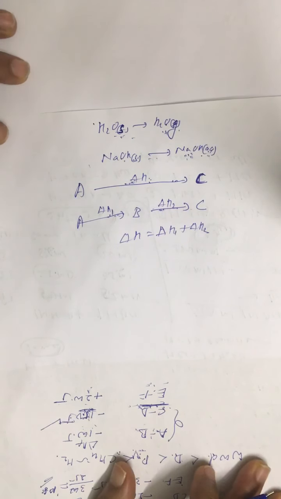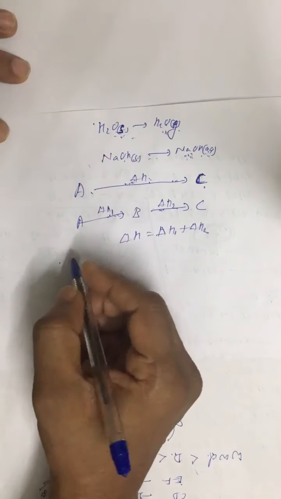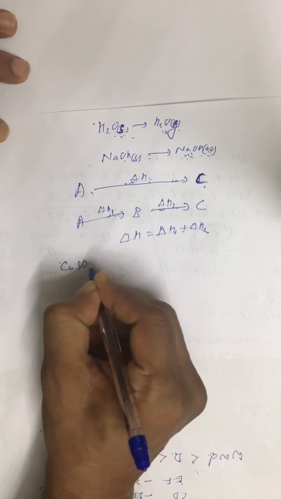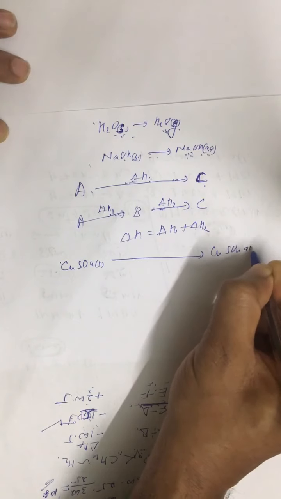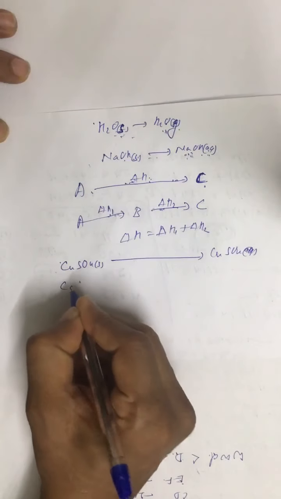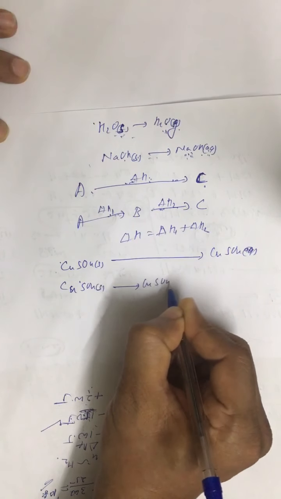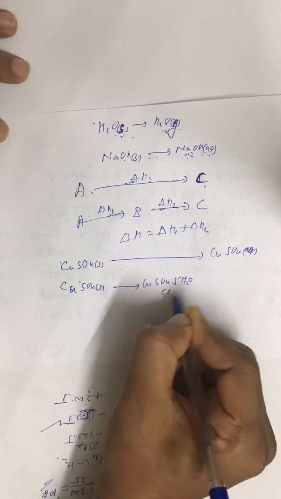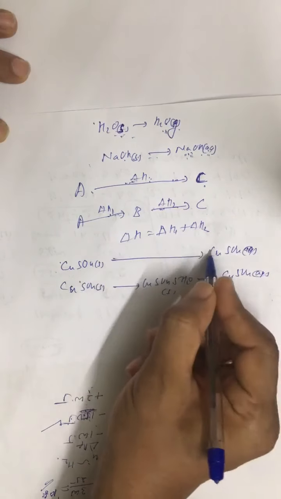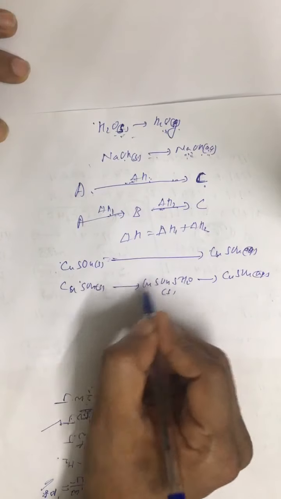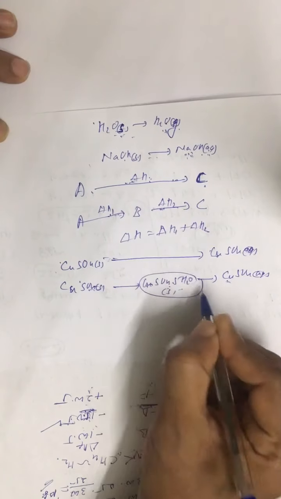Suppose CuSO4 solid is completely converted to CuSO4 aqueous, and now CuSO4 solid is first converted to CuSO4.5H2O solid, and then it is converted to CuSO4 aqueous. This is enthalpy of hydration, and this is enthalpy of solution of hydrated CuSO4.